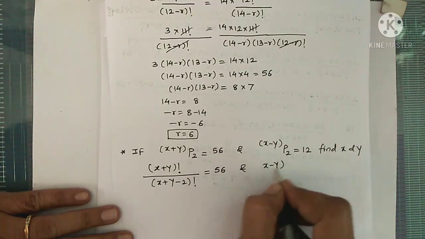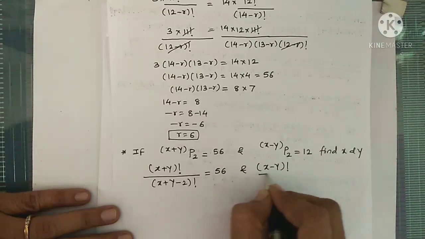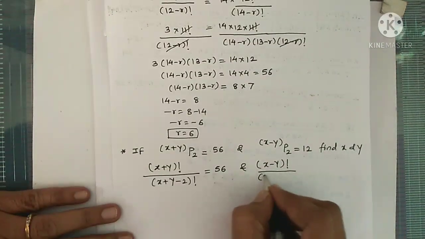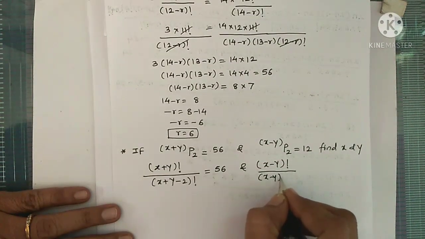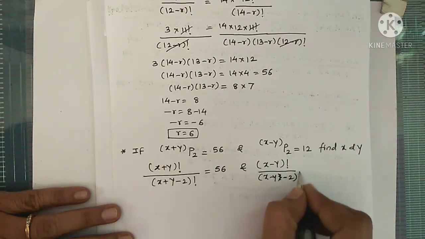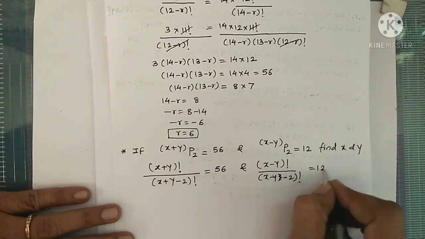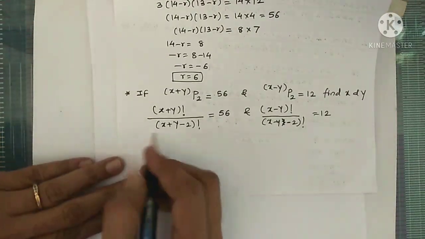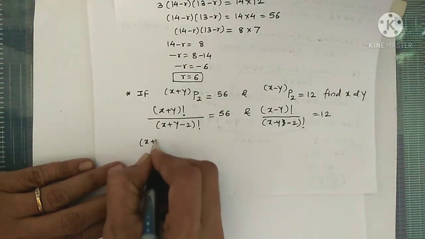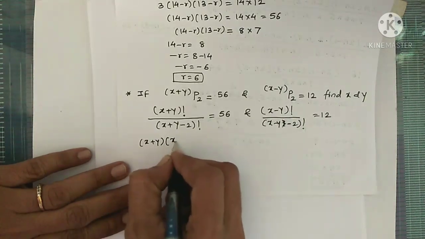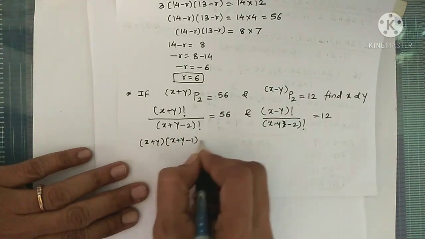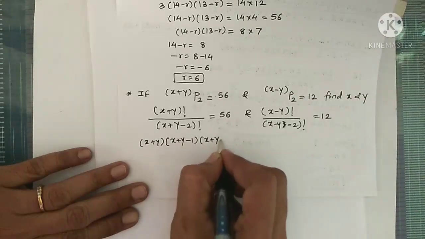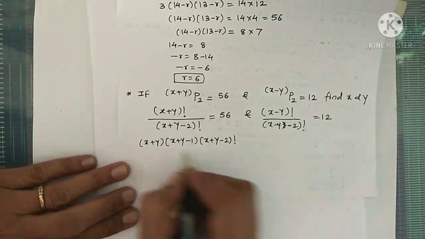For this it is (x minus y) factorial divided by (x minus y minus 2) factorial equals 12. Now (x plus y) factorial, we can write it as x plus y, then subtracting 1 we have x plus y minus 1, again subtracting 1 it is (x plus y minus 2) factorial.